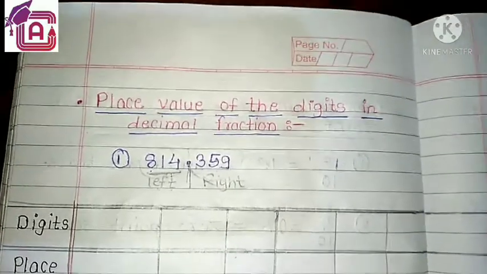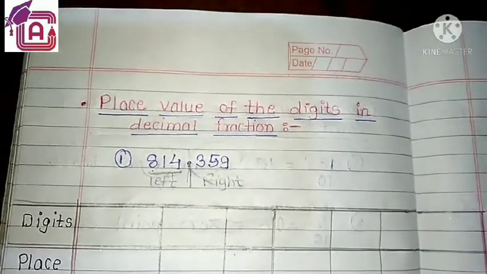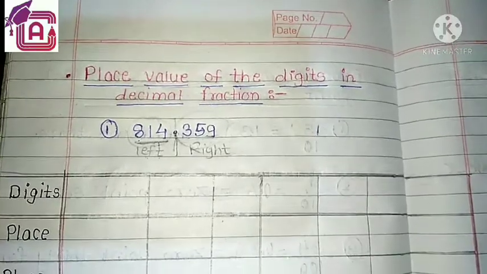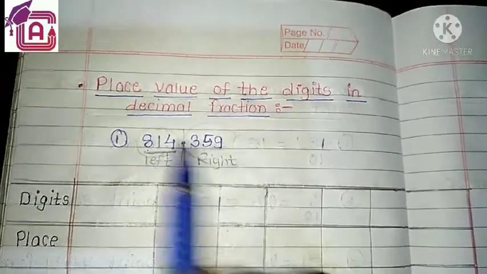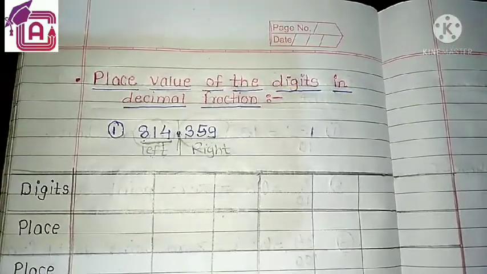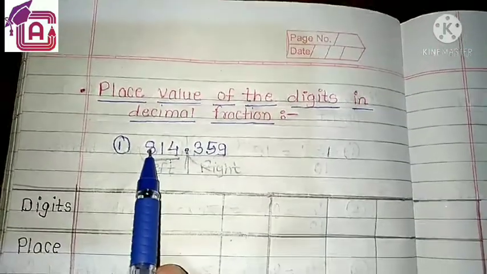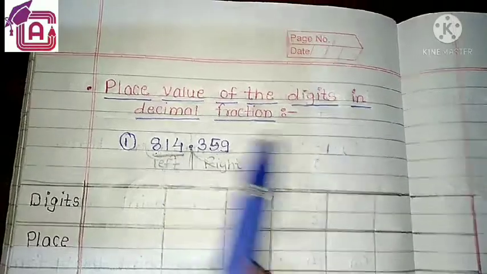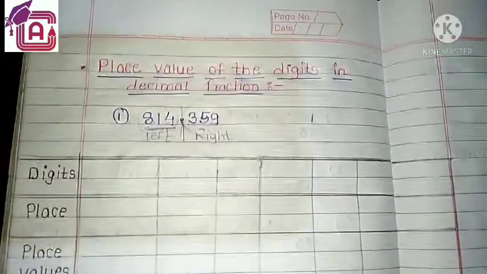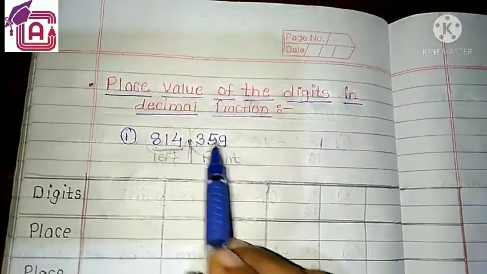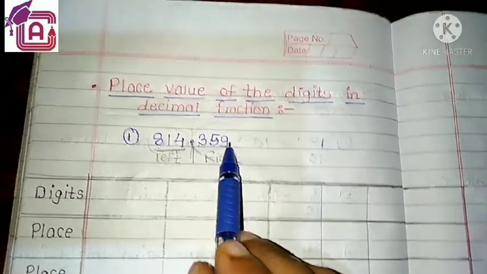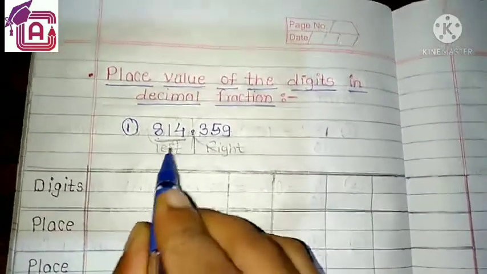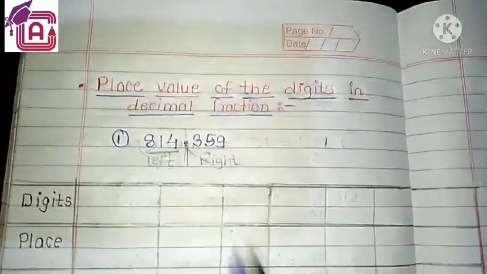So we know how to write down the places of these numbers. This is 814, our normal number. So this is the hundreds place, this is the tens place, and this is the unit place. After that, we look at how to write the place value of the decimal digits.